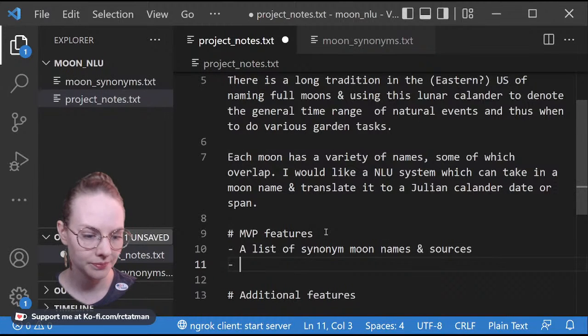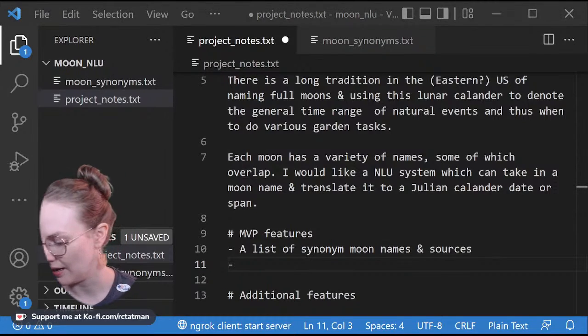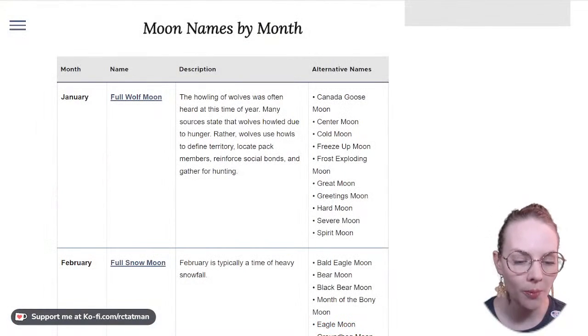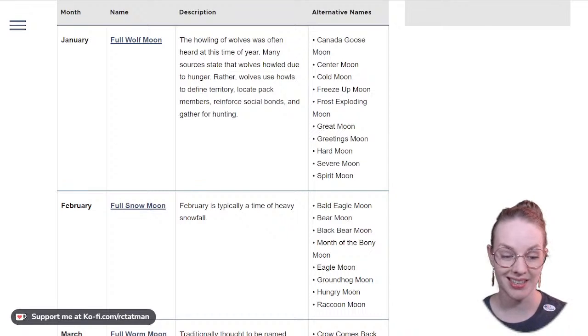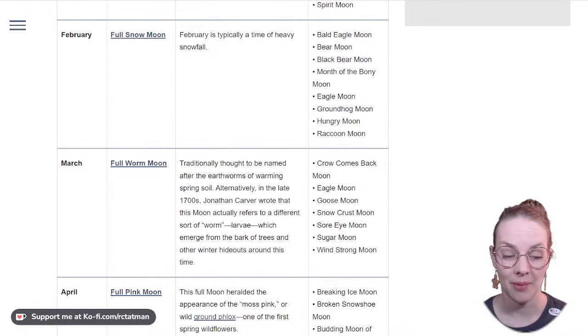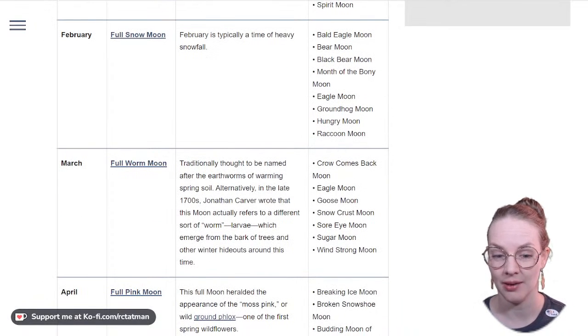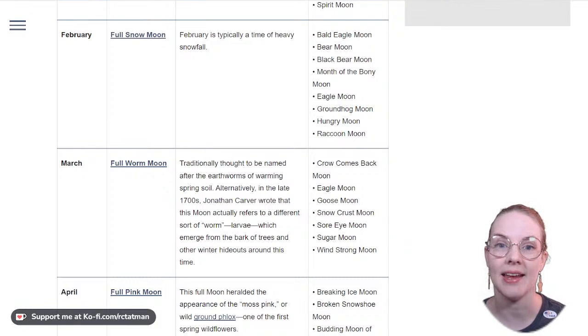So it almost seems like what moon has what name is kind of like potentially the USDA zones, right?